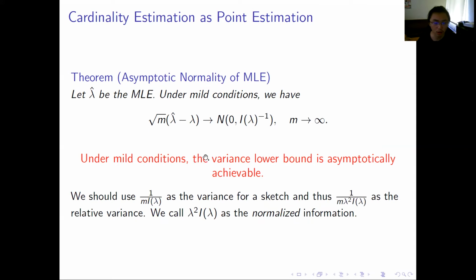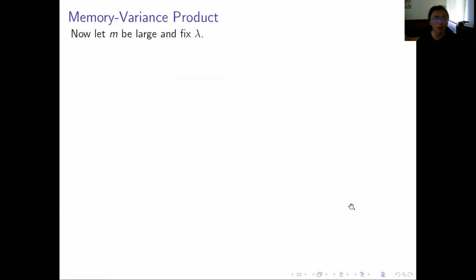A side note is that because we care about relative variance, instead of 1 over m times the information, we have 1 over m times lambda squared times the information. We call lambda squared times the information the normalized information, and we should use this normalized information to characterize our optimal estimation error. So what do we have now?